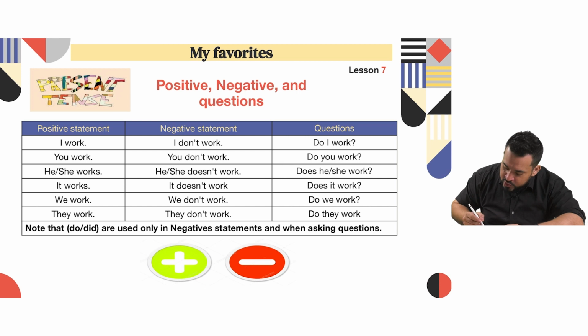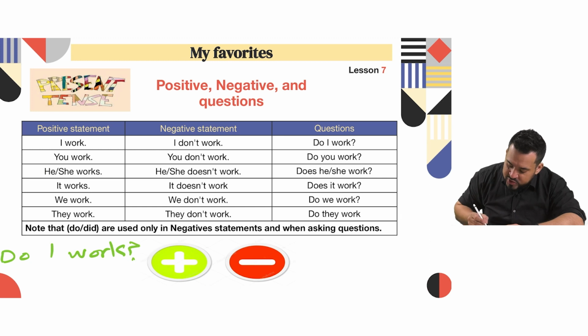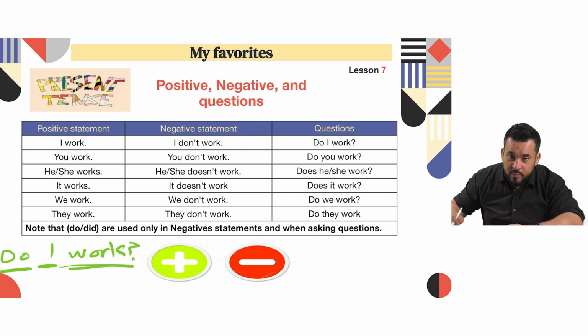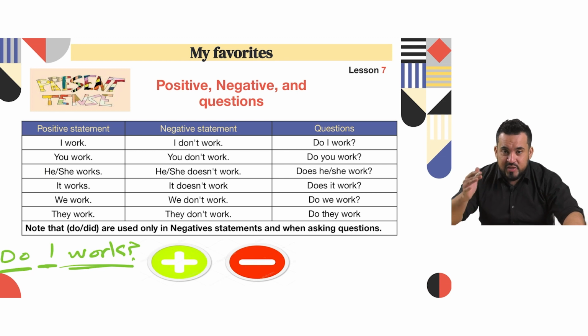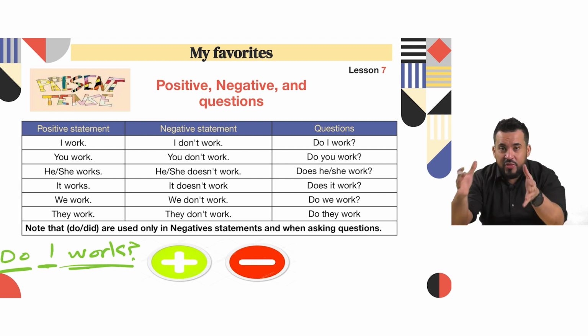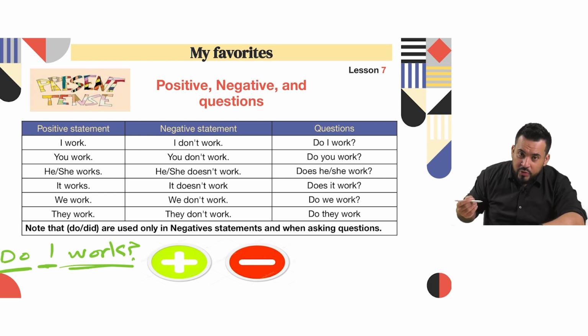We start with an auxiliary, then the subject, then the main verb. This is how we always make questions, using the auxiliary. If we have a question word, it goes before the auxiliary.